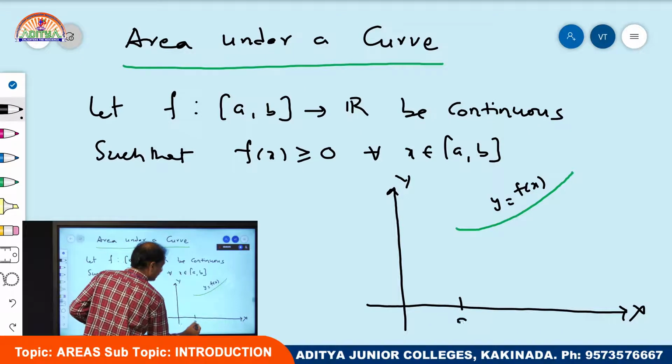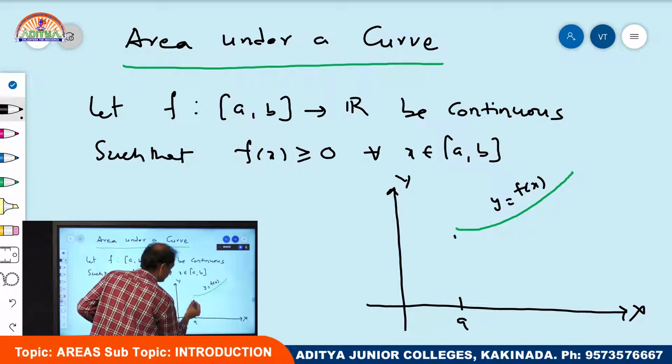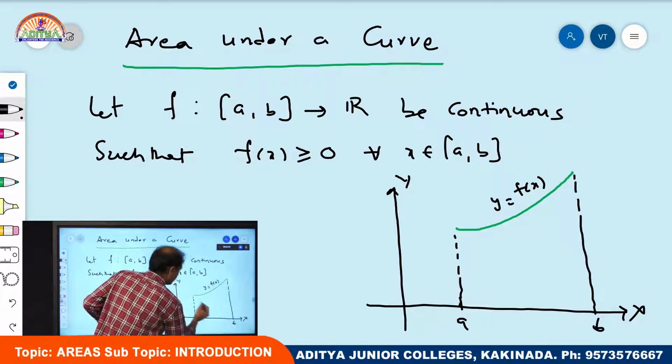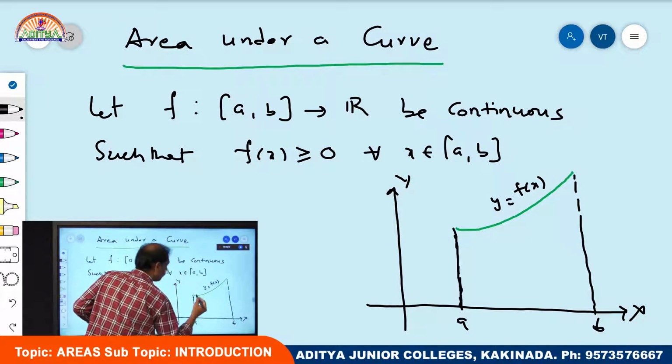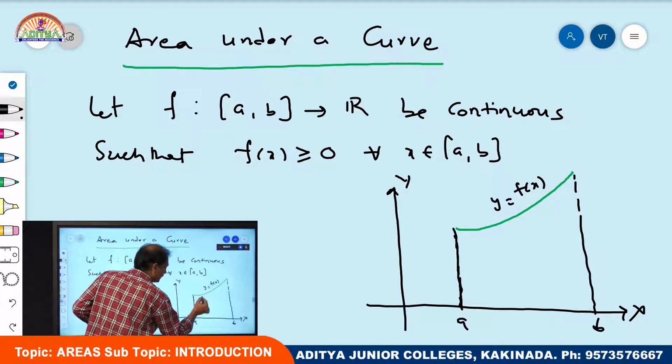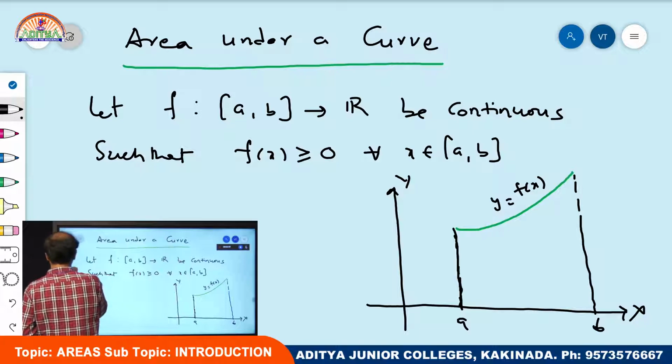Now here we defined f over the interval [a, b]. Now we are going to find the area of this region.